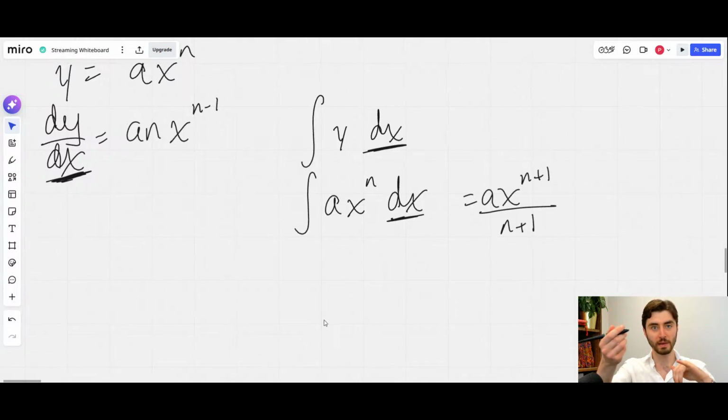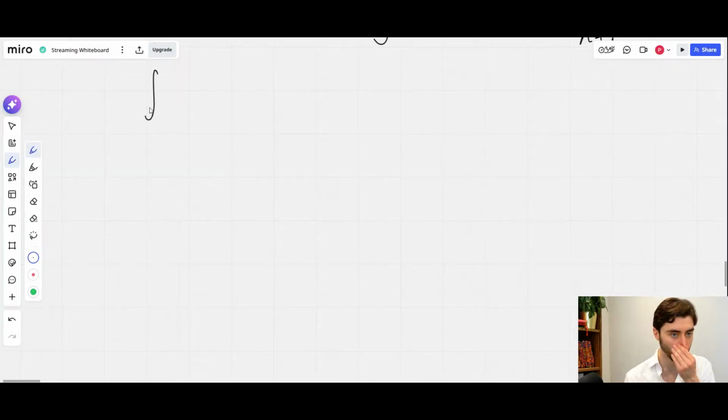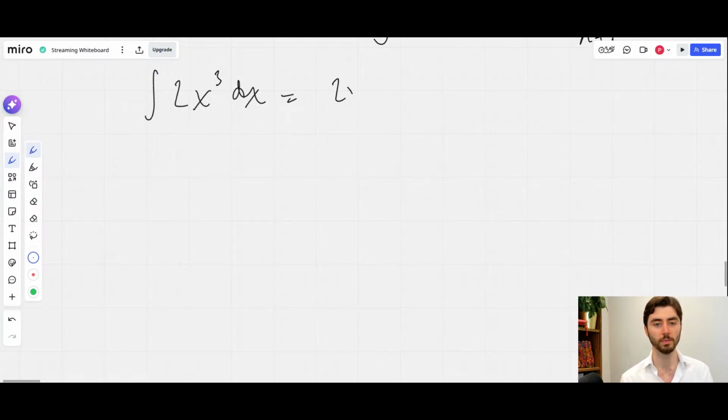So raise 1 to power, divide by the new power. So let's do a few of those. If you are integrating 2x cubed, you would raise 1, it would become 2x to the 4 all over 4, which is just x to the 4 over 2.